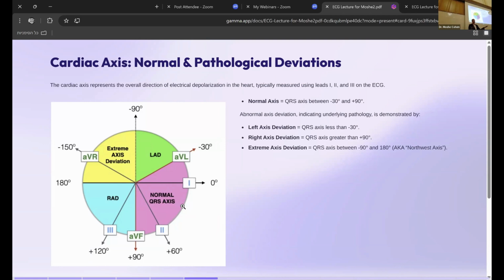The aortic valve, right? And if you have high blood pressure, then the opening pressure of the aortic valve is higher. And in that case, the heart has to work harder. And that's why you may have hypertrophy of the left ventricle. Why would you have hypertrophy of the right ventricle?